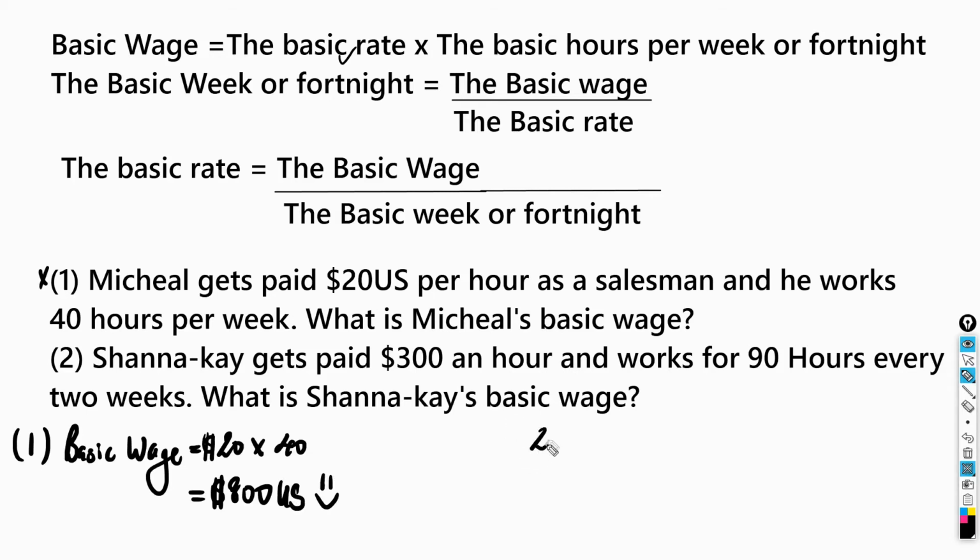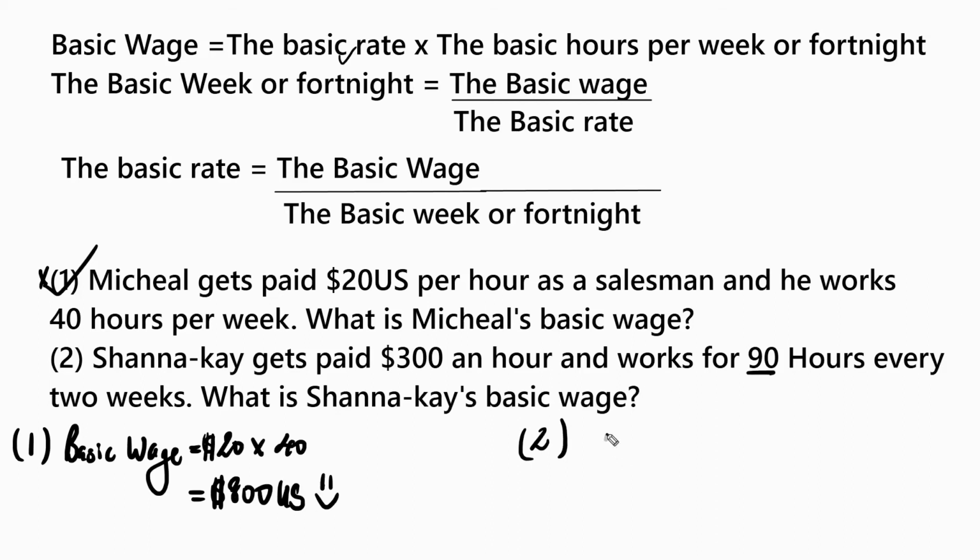And 2 here says Shanake gets paid $300 an hour and works 90 hours every 2 weeks. What is Shanake's basic wage? Cool. So in this case, it's every 2 weeks and it's a 90-hour fortnight.